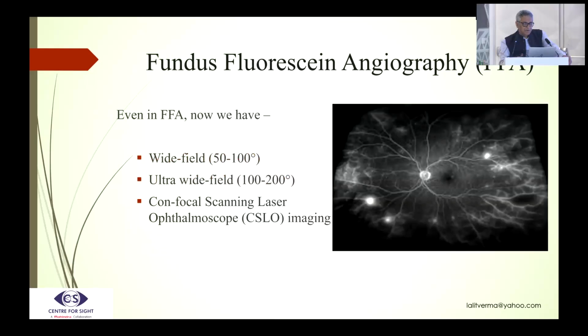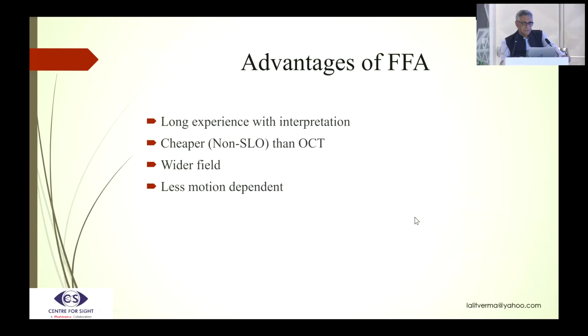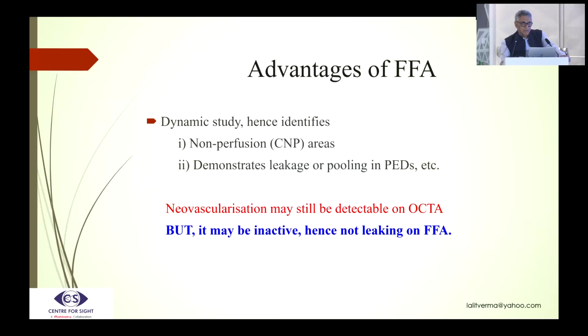Although wide-field OCTA has come up in a big way, FFA gives very nice, impressive pictures that you can use for patient counseling. It has decades of experience, it is cheaper, and there are not many artifacts once you are doing invasive angiography.